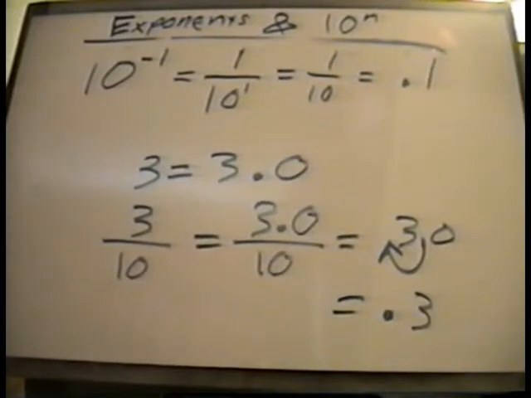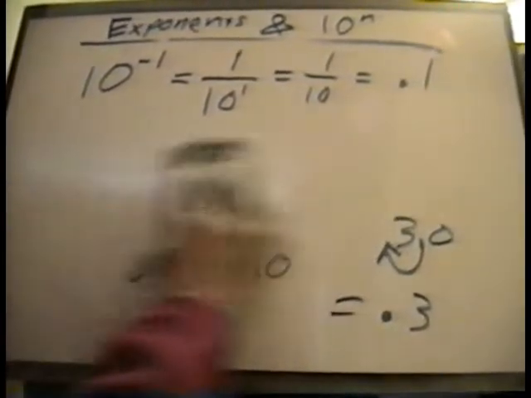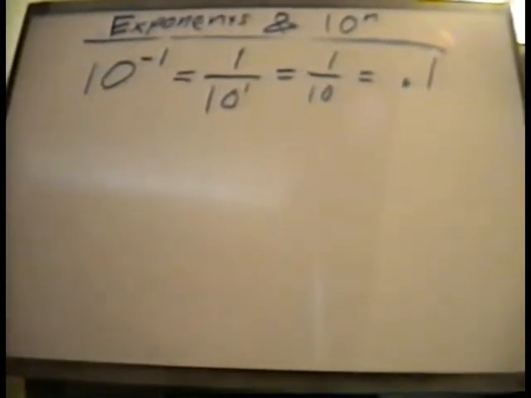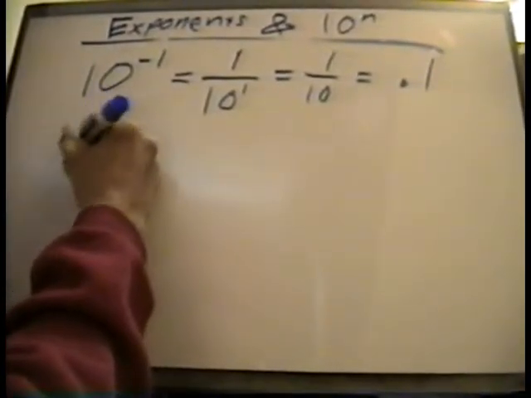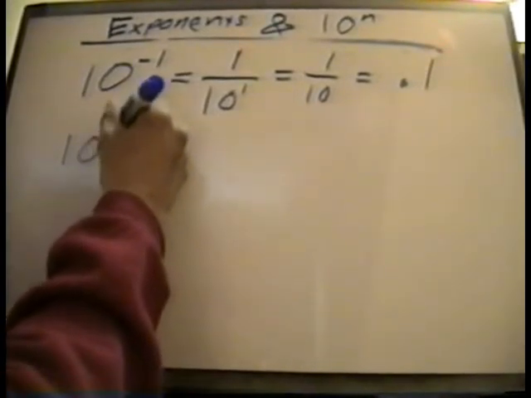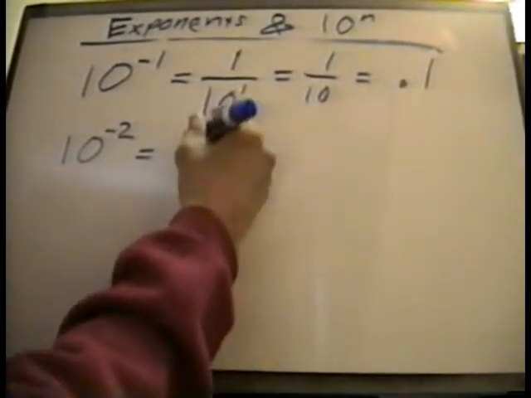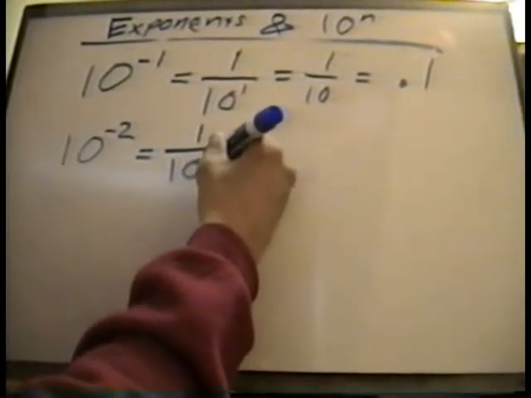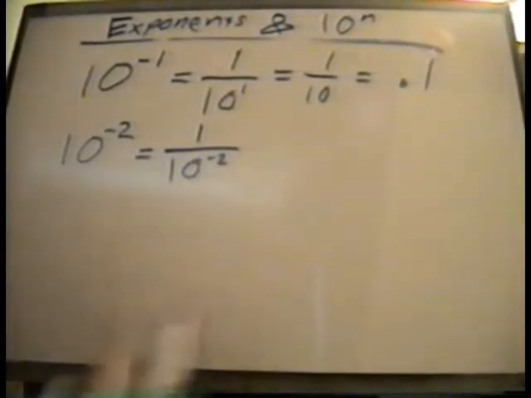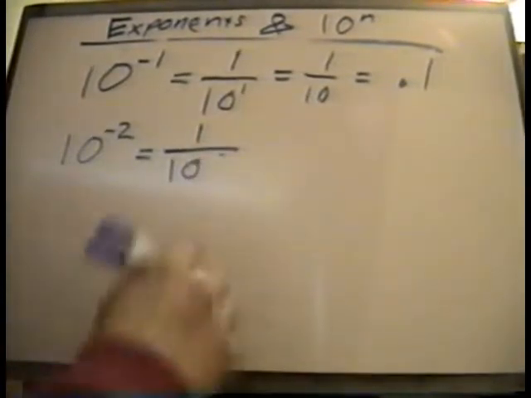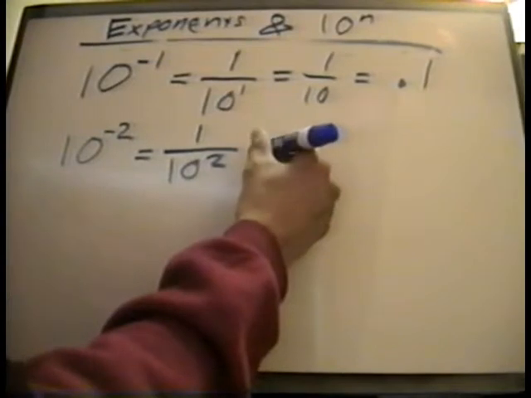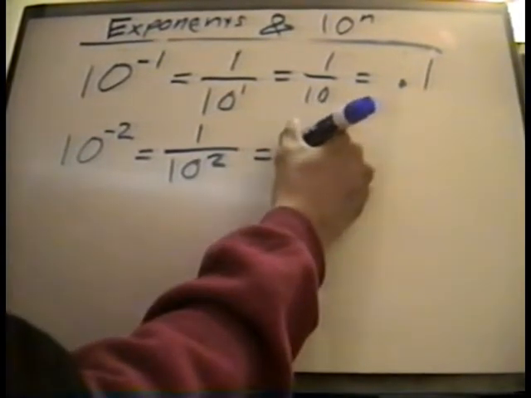See? Now, let's say you have 10 to the power of negative 2. That equals 1 over 10 to the power of 2, which equals 1 over 100, which gives us 0.01.